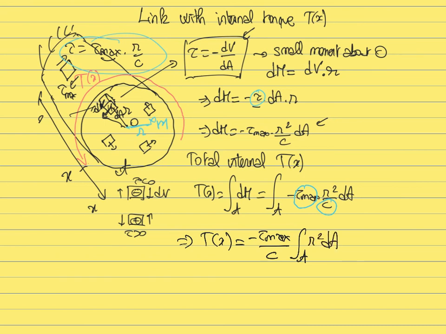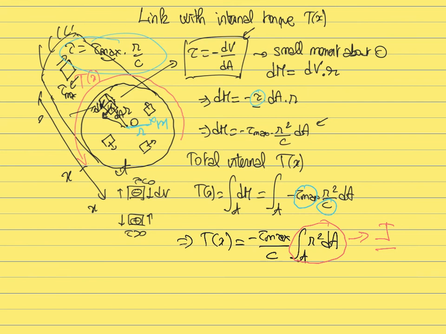Now if we look at this in more detail, here we recognize something we defined in the previous video, which is that the integral over r squared dA is the polar moment of inertia. This is why we define the polar moment of inertia: it is the geometrical quantity that naturally shows up when we calculate the shear stress within a member subjected to torque. So this is why it's useful to define this polar moment of inertia.